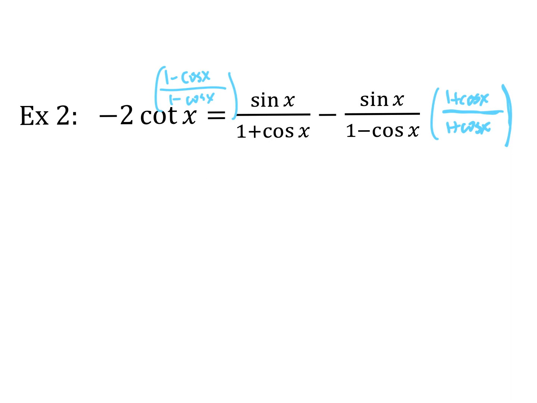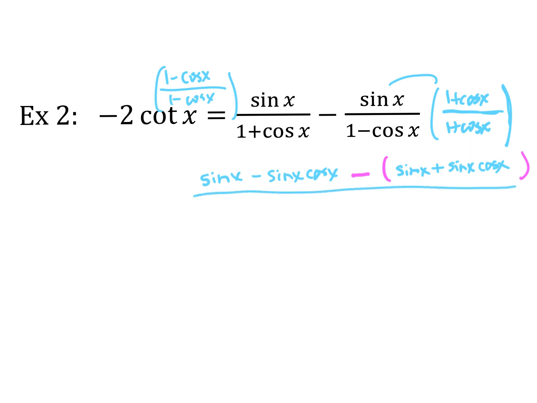So we're going to distribute, and we're going to have sine x minus sine x times cosine x. And then we're going to have minus, and I'm going to put parentheses around this whole amount. And then I'm distributing here, and I get sine x plus sine x cosine x.